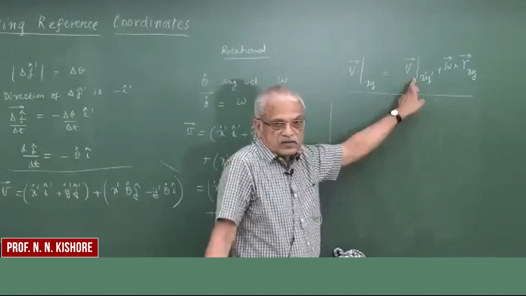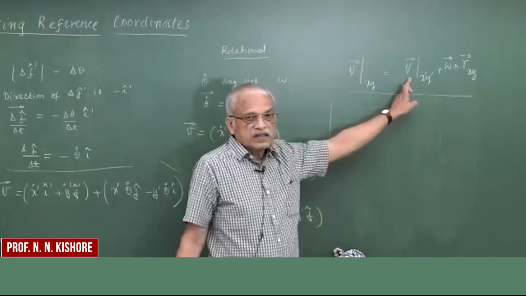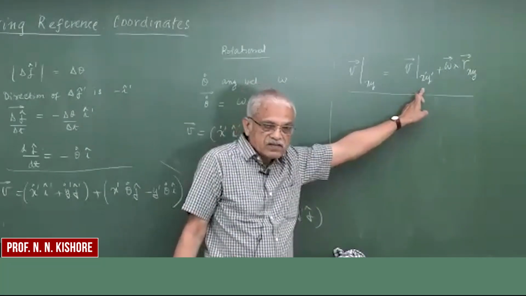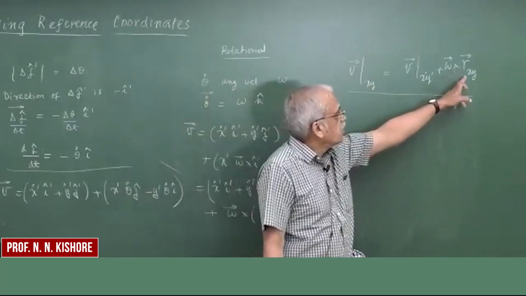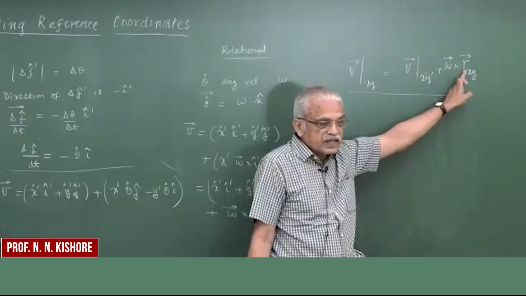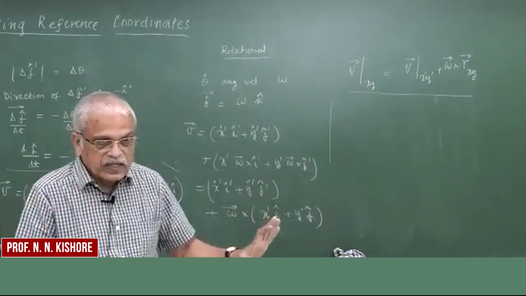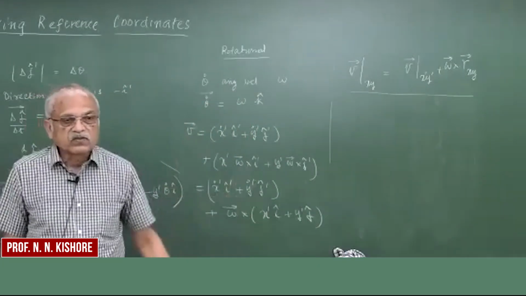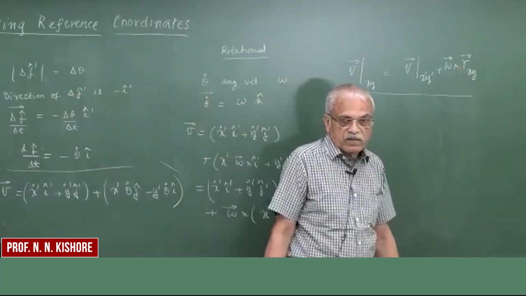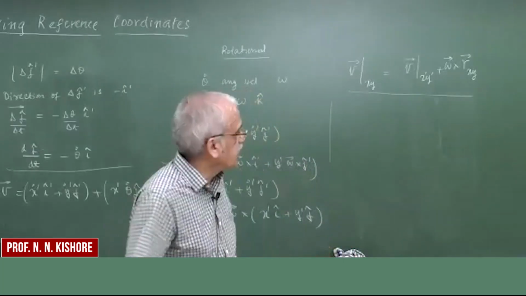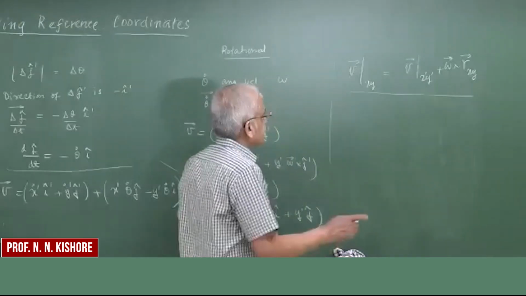So this is just your observation without any knowledge that you are rotating, while this one is the correction term, omega cross r xy, since it's rotating with respect to the fixed frame, so something beyond observation is there. This is a very important relationship which we will use any day.